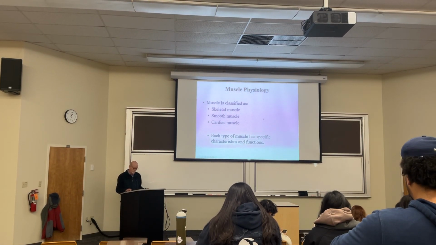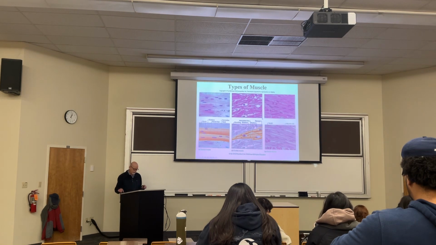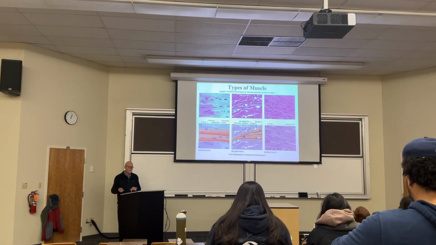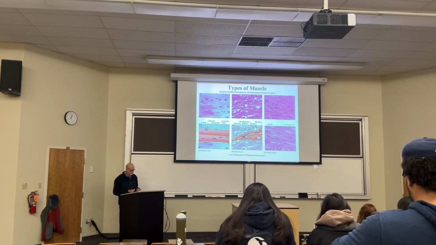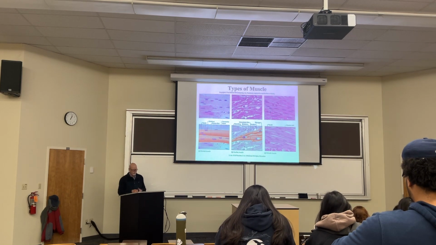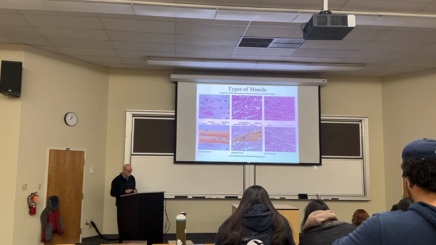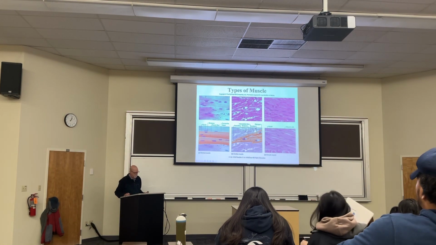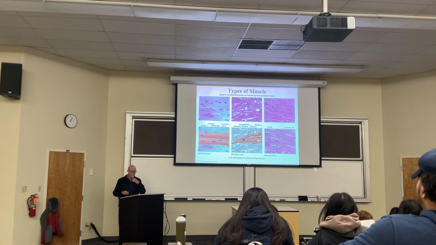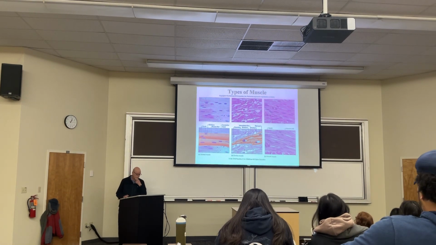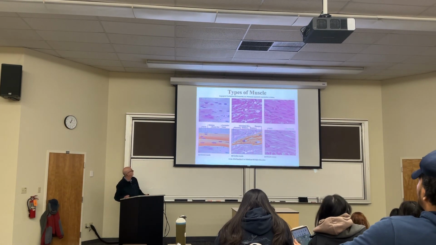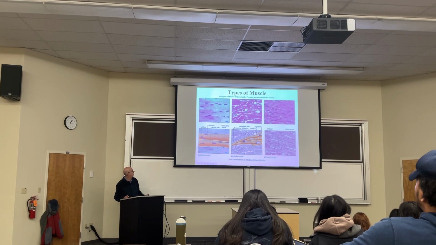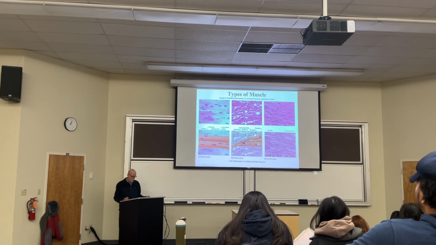the other two types. As we get started, let's do a little comparison between the three types of muscle. First of all, some histological differences as well as functional. Here we see some photographs at the top and then some diagrams at the bottom.